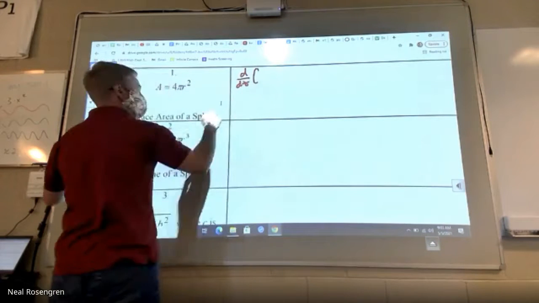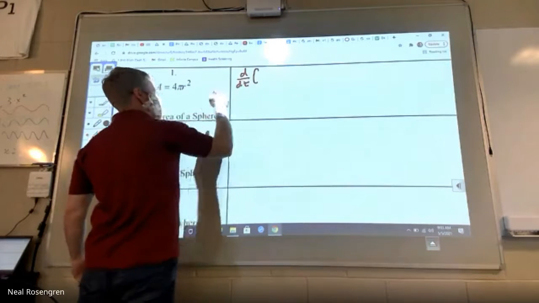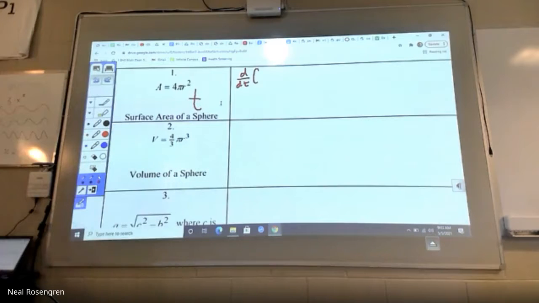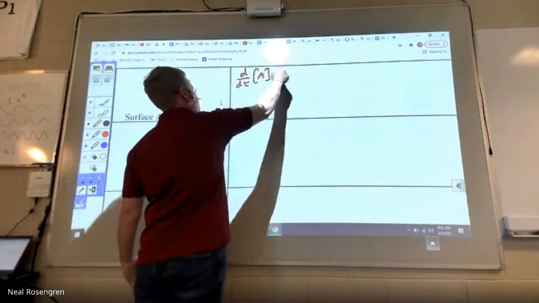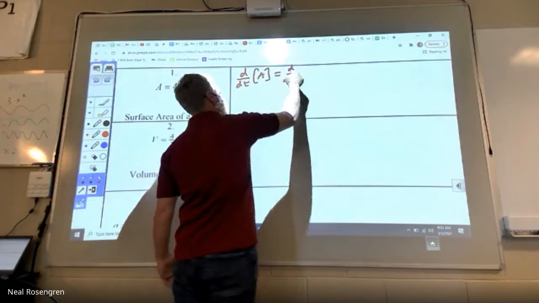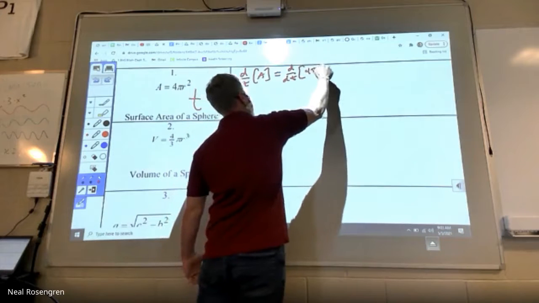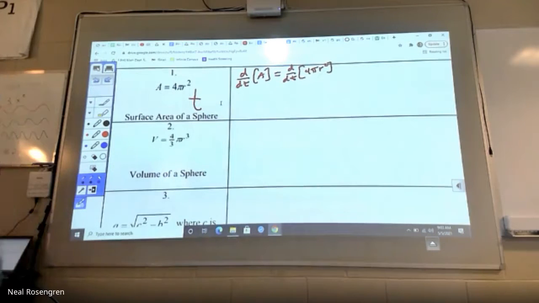That's a t. My suggestion for your t's: I'm going to draw it bigger, put a little tail on the end so it doesn't look like a plus sign. We're going to do d/dt of the left side, which is just A, and d/dt of the right side, 4 pi r squared.